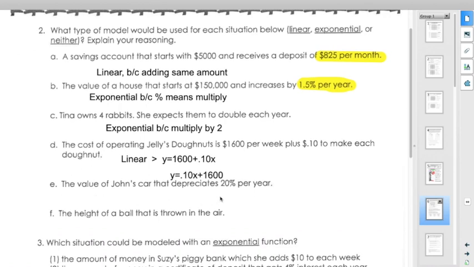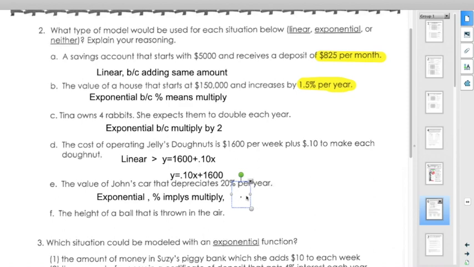Value of John's car that depreciates 20% per year, exponential. Again, because percent implies multiply. And if you can see 20%, we're depreciating 20% each year, try and think about what that would be. What would we multiply by?